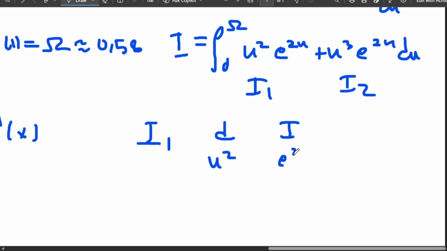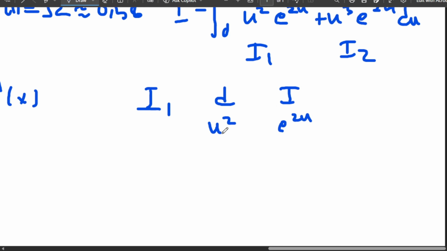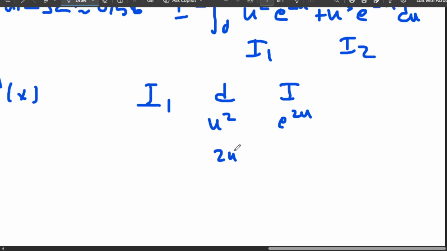It's much faster. u squared, derivative of it is 2u, derivative of this is 2 and 0. e^(2u) integration is 1 over 2 e^(2u), 1 over 4, and this is 1 over 8 e^(2u).